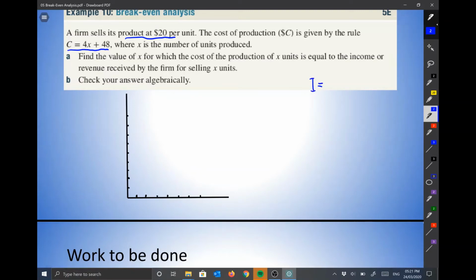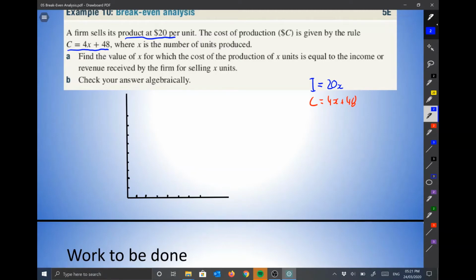A firm sells its product for $20 per unit. That means the income they get for each unit is $20, and the income they get for multiple units is 20 times the number of units. And then we're also going to have C equals 4x plus 48, sorry, not 40.